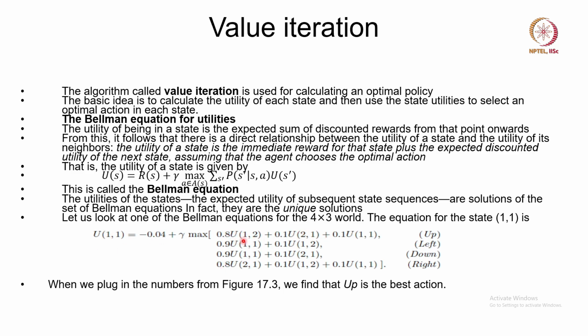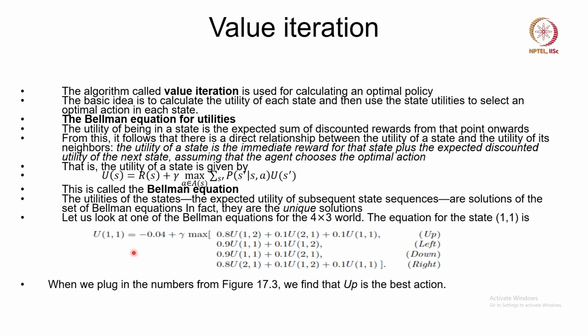So 0.8 into U12 plus 0.1 into U21 plus 0.1 into U11. This represents the action up. Similarly, left would be this, down would be this, right would be this, etc. If you plug the numbers in, you find that up appears to be the best action that can be taken. So this gives you the maximum value, and therefore the action that you take is up at that particular point in time.